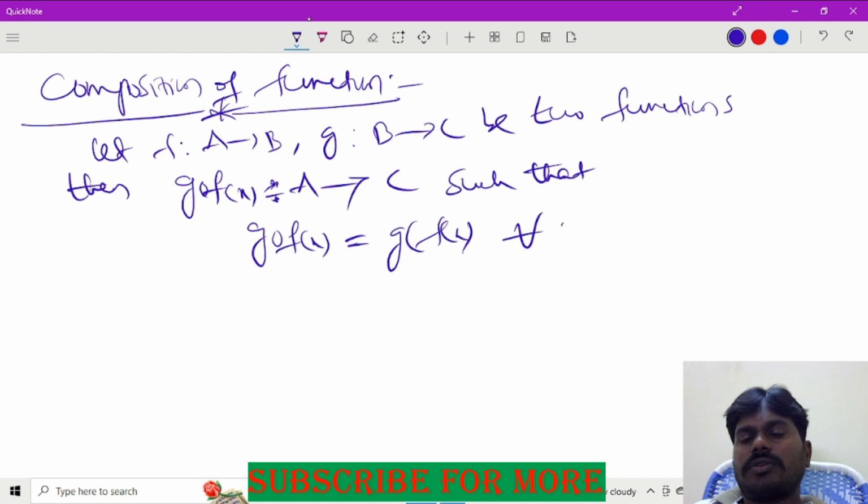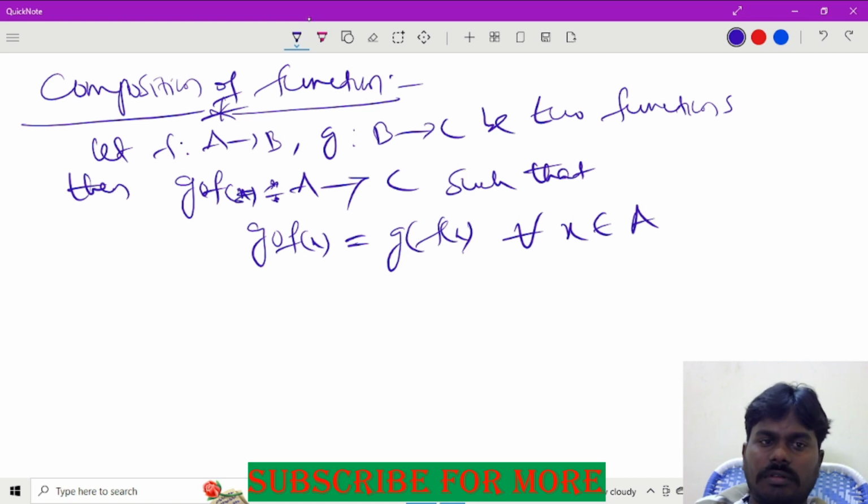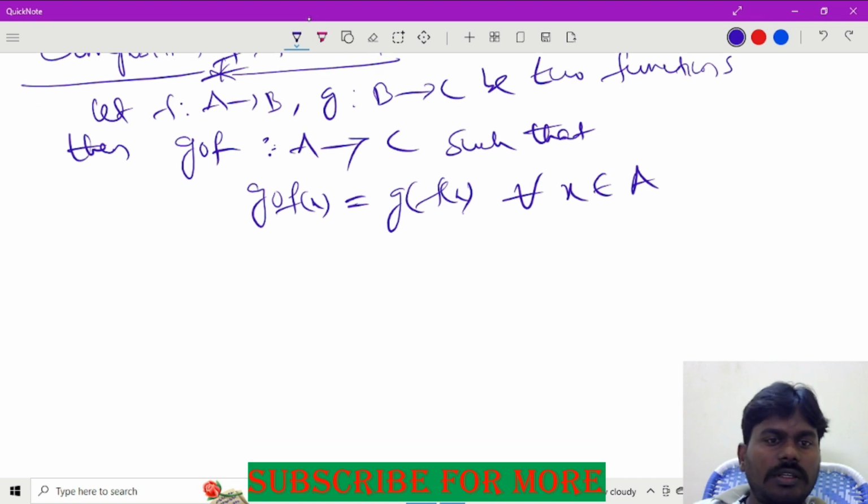This is true for every element x which belongs to A. Okay, here g circle f from A to C such that g circle f of x is equal to g of f of x. So now I will take an example and I will explain.